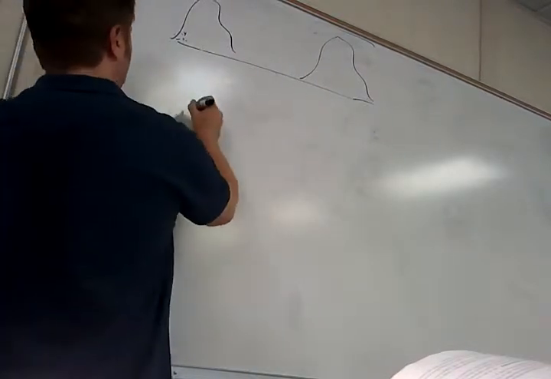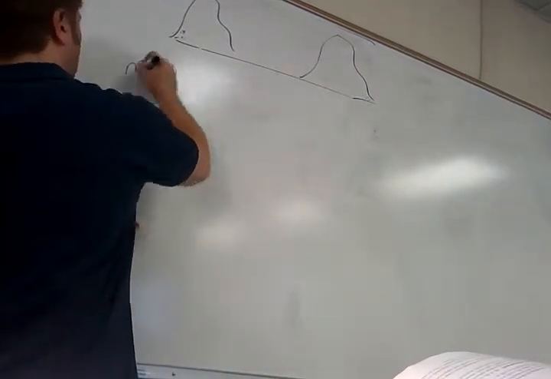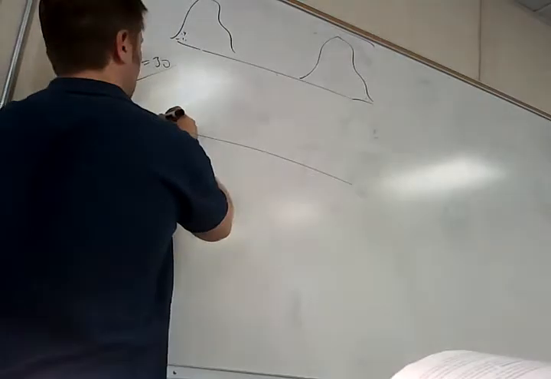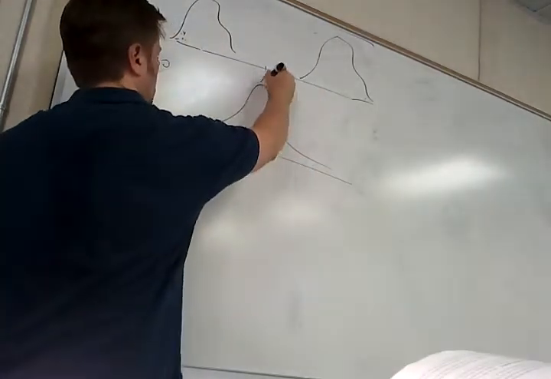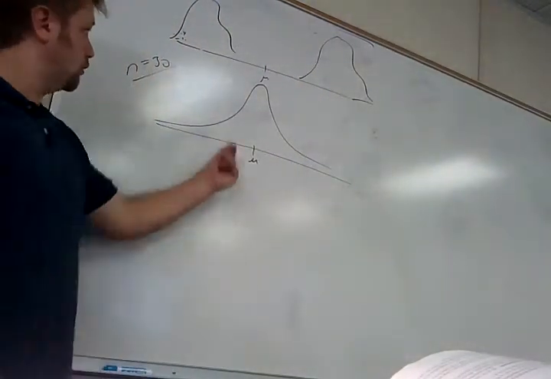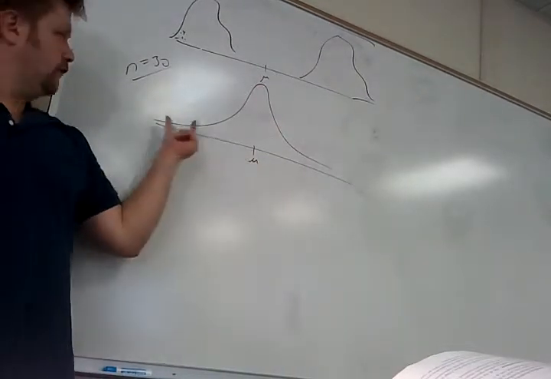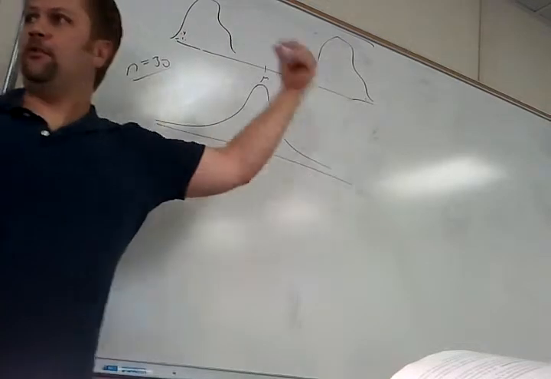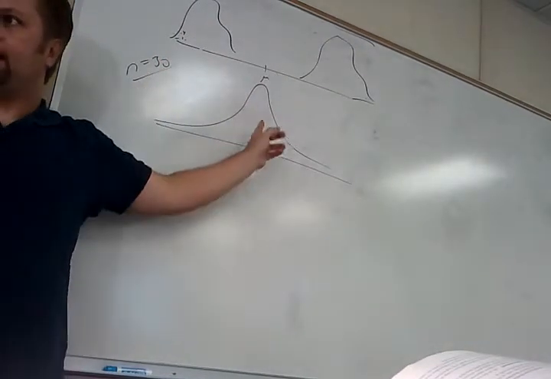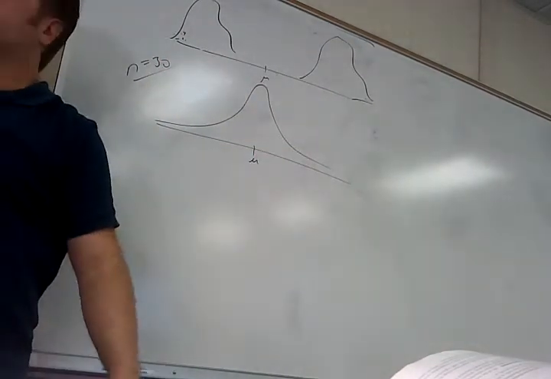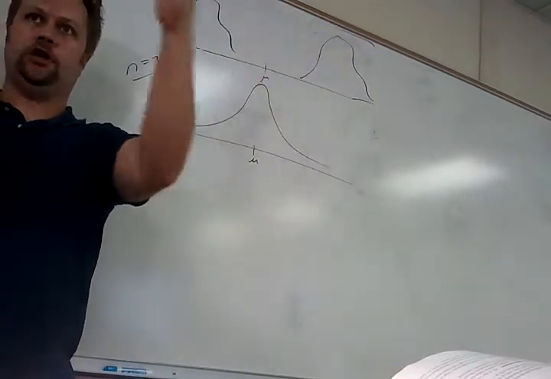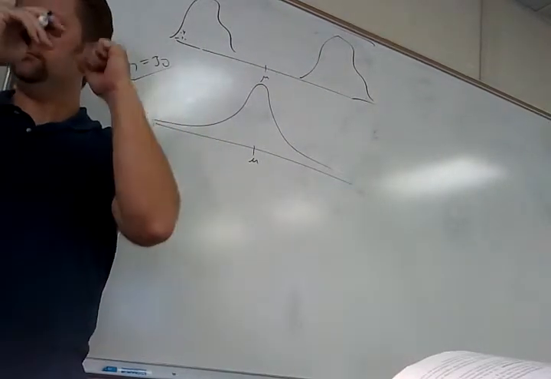So the new picture might look something more like, well, if it's 30, it'll actually look pretty much like this. Because now when I take 30, most of them should have close to the actual average. Very few should have way up or way down from it. And that kind of verifies why the standard deviation gets smaller. Because the whole thing goes, cool.